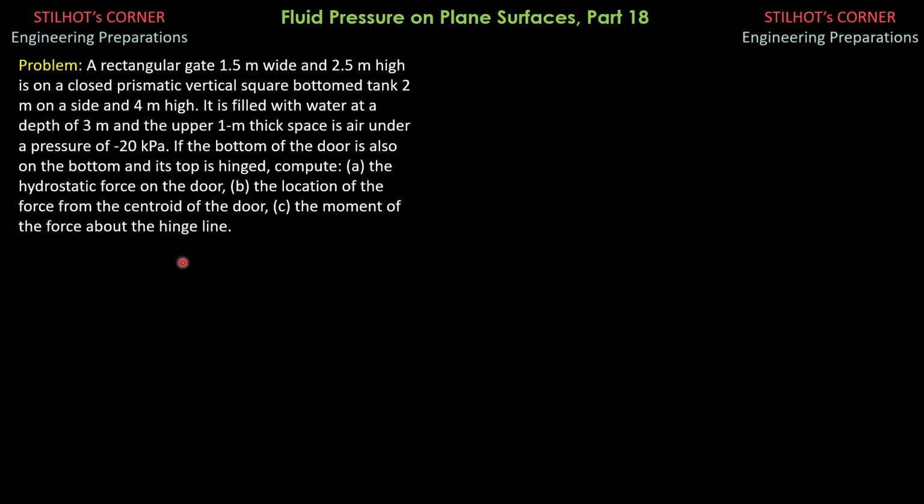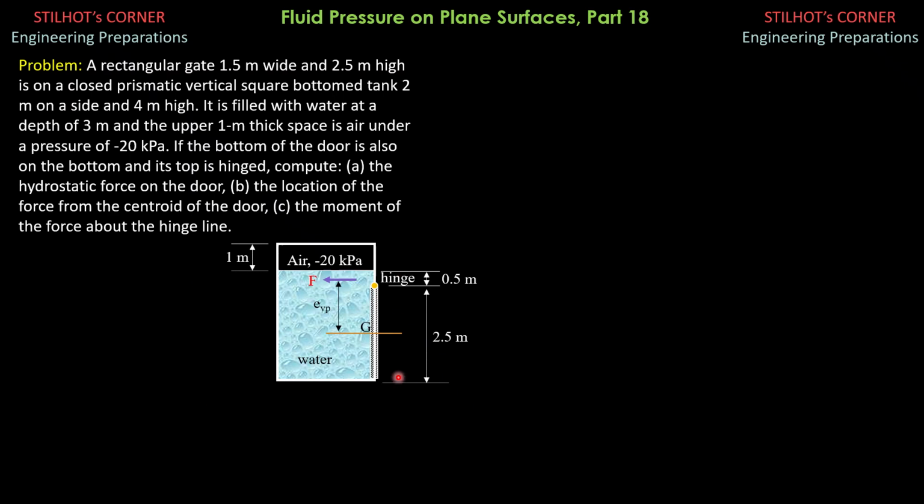To help visualize and explain the following solutions, let's have the figure. So this is the figure. Reread the problem and check if the figure is correct. The height of the rectangular gate is 2.5 meters, and take note that perpendicular to the screen it is 1.5 meters wide. It is rectangular.